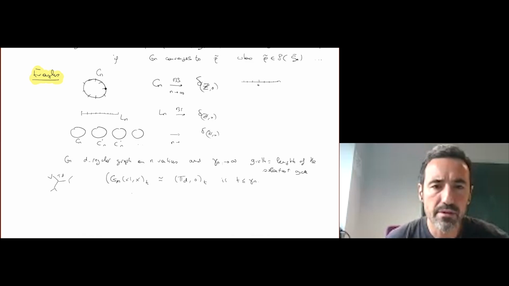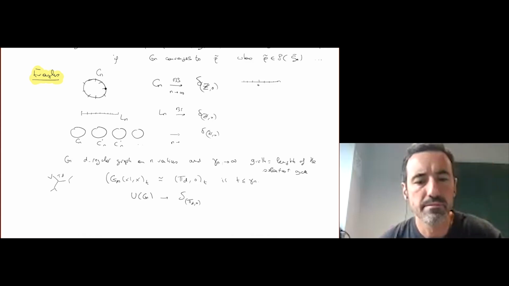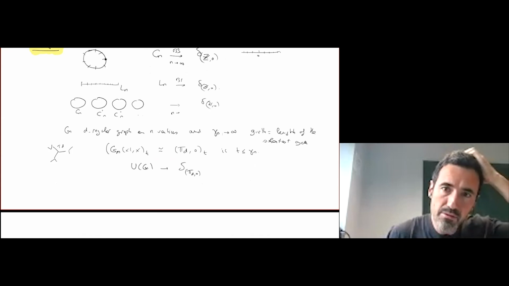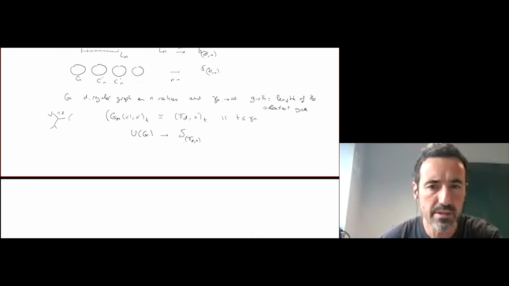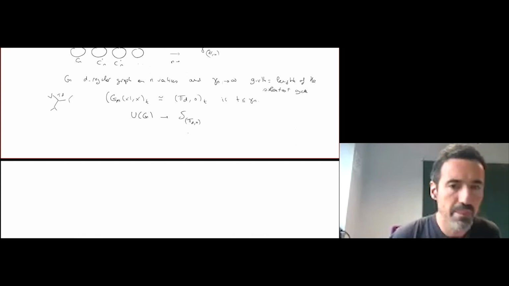It implies that U of Gn will converge to the Dirac mass at Td. So these are examples where every time you converge to a Dirac mass, but this is obviously not always the case. This is more an exception.